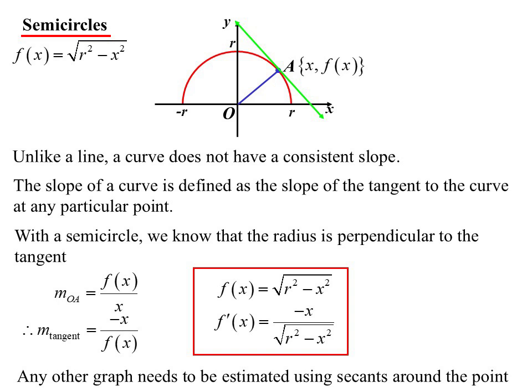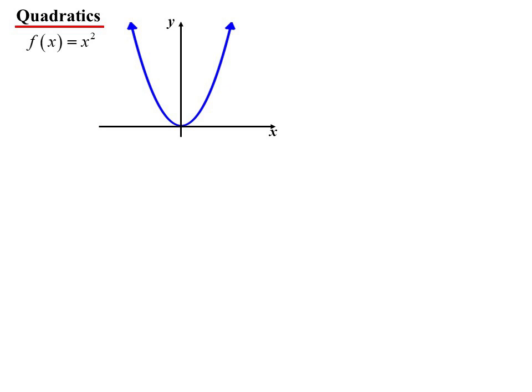Other graphs we estimate using secants around the point that we're interested in looking at. So let's go to quadratics then. Like linear functions, we'd move up to quadratics. And there's our basic parabola. Say I'm interested in finding the slope of the tangent or the gradient function at (2, 4). I'll pick 2 points either side of it and create a secant.